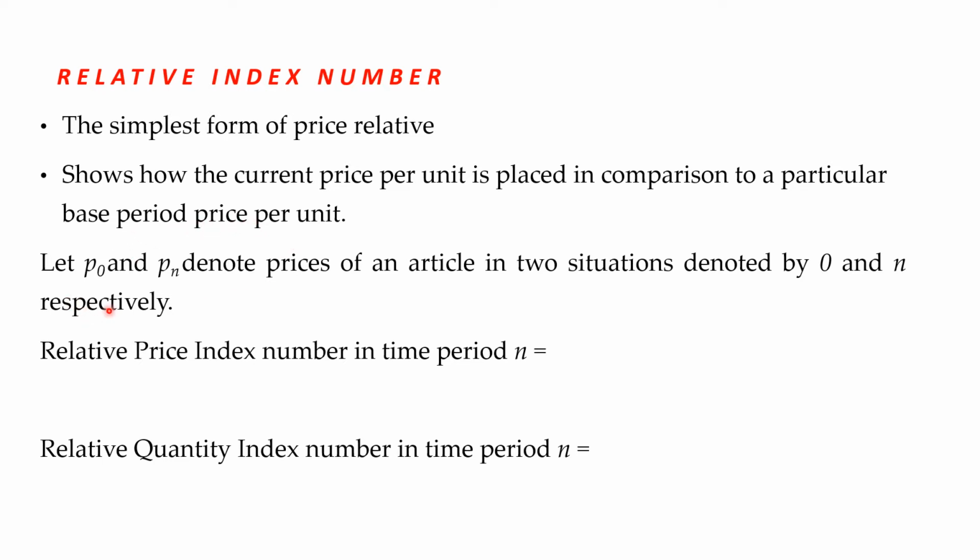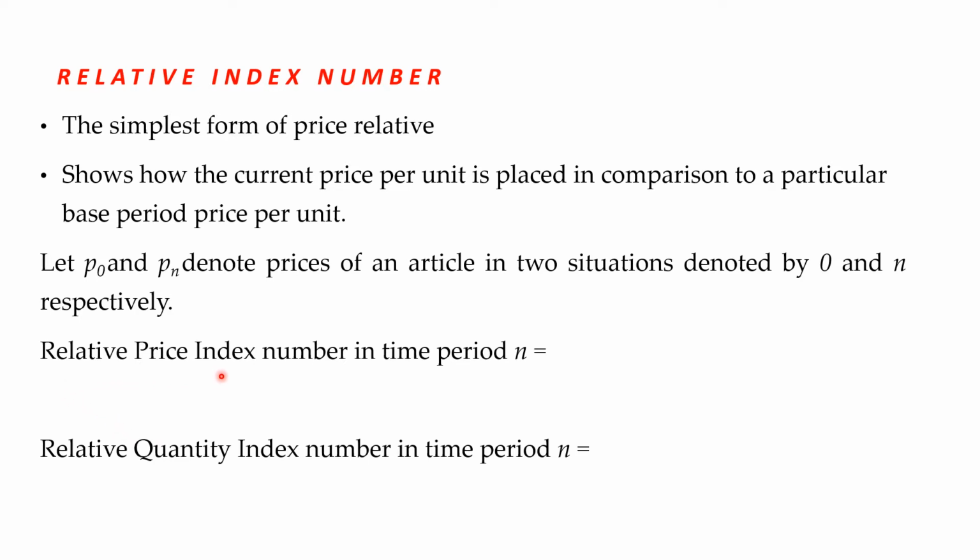Let P0 and Pn denote prices of an article in two different situations denoted by 0 and n respectively. So P0 is the price in situation 0 and Pn is the price of the article in situation n. It can be either year or any other characteristic.